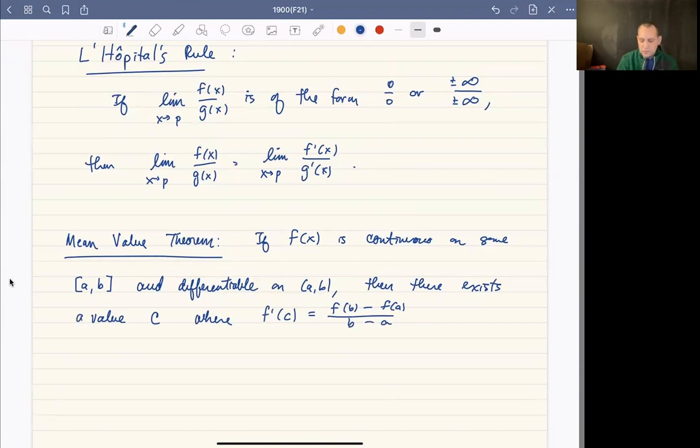So it's equal to that difference quotient. Okay, so f prime of c is equal to f of b minus f of a over b minus a.